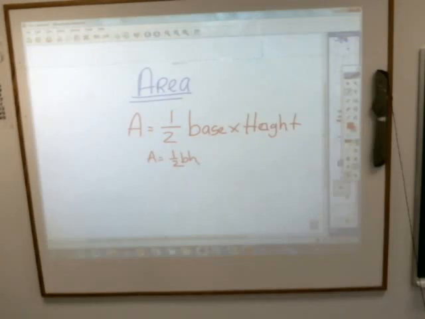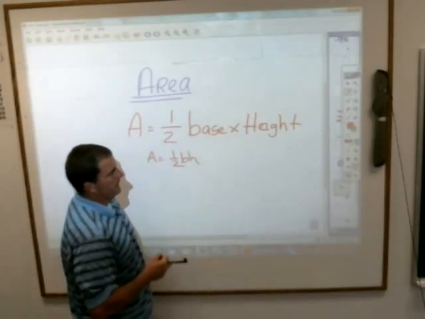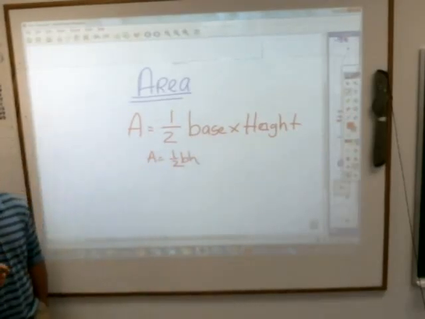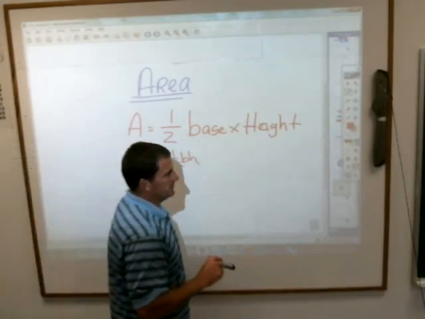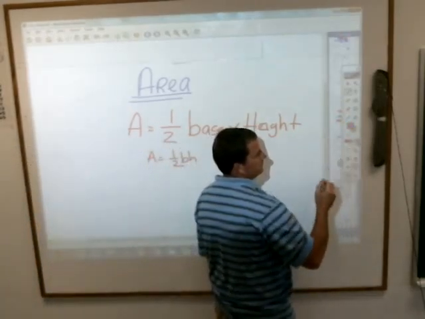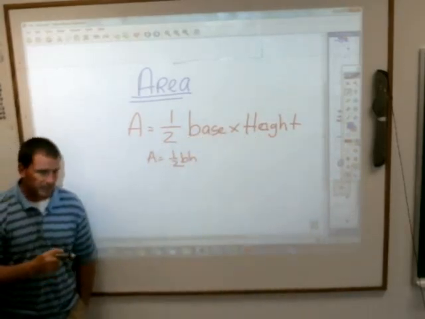And we go with the base and the height. Why? Does anybody know why we call it base times height and not length times width? In math, anytime you're talking about the height of an object, Josh, what is that? The up. It is the up, but there's a special thing that the up thing does there.